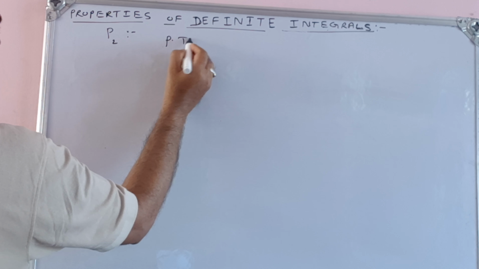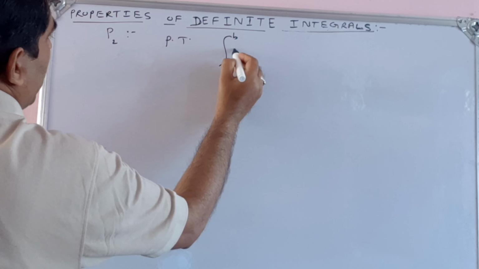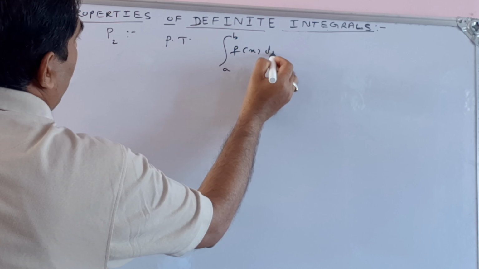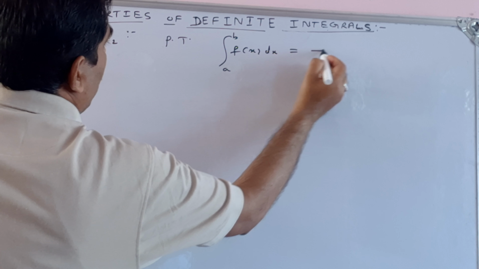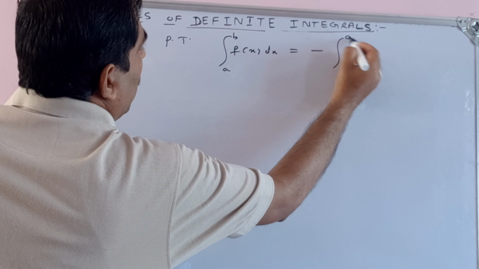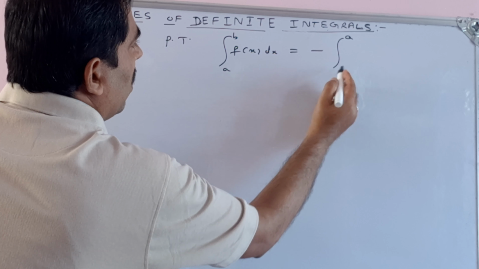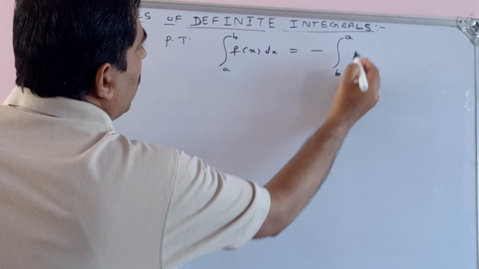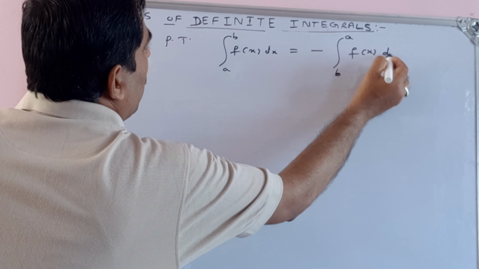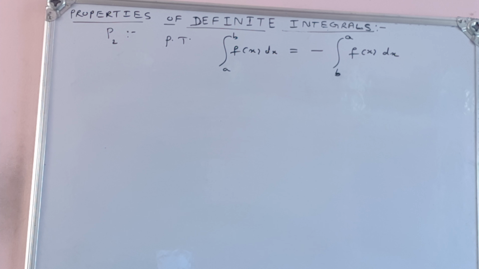Prove that the integral of f of x dx from a to b is equal to the integral from b to a, with a minus sign. Observe this second property, which I have written as P2.